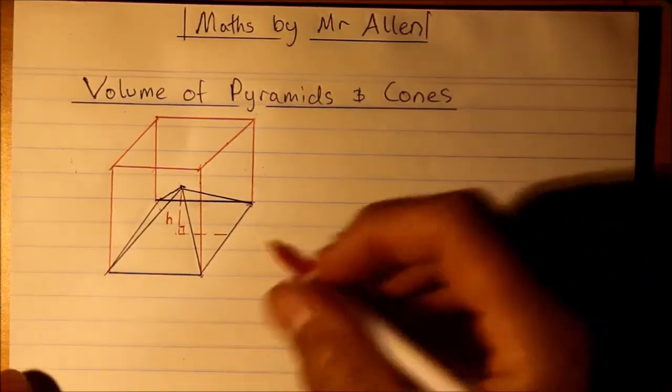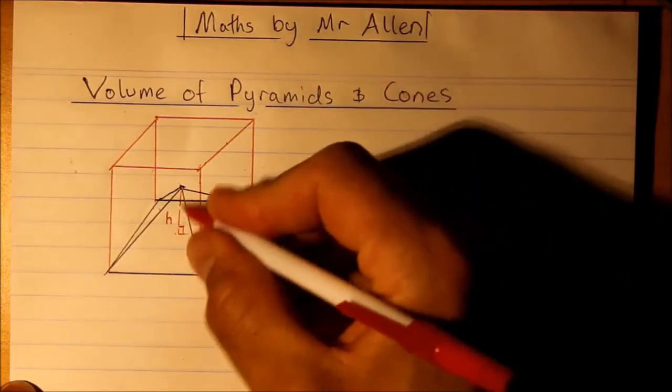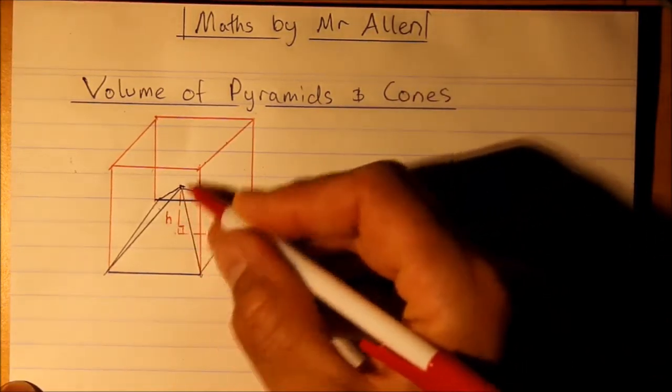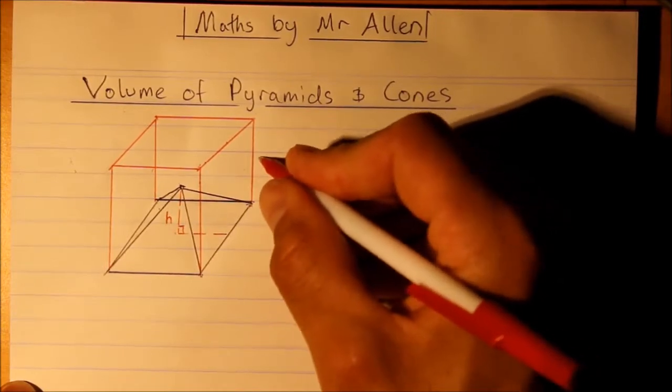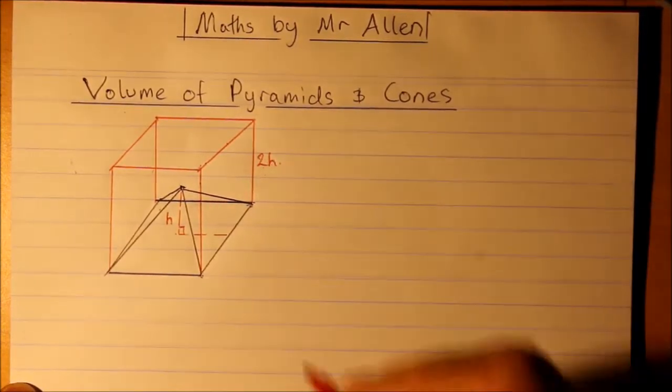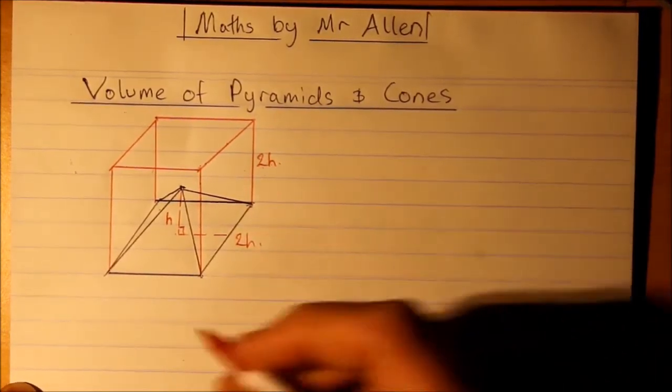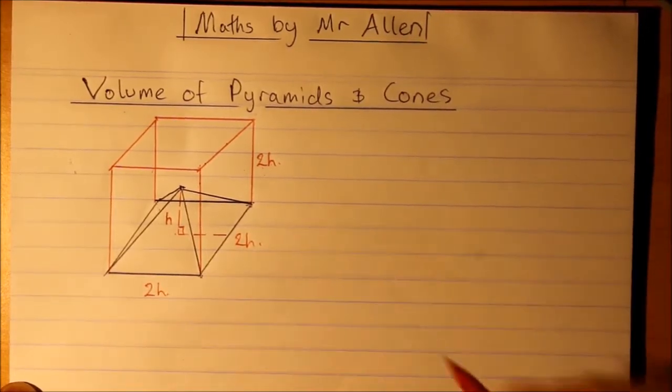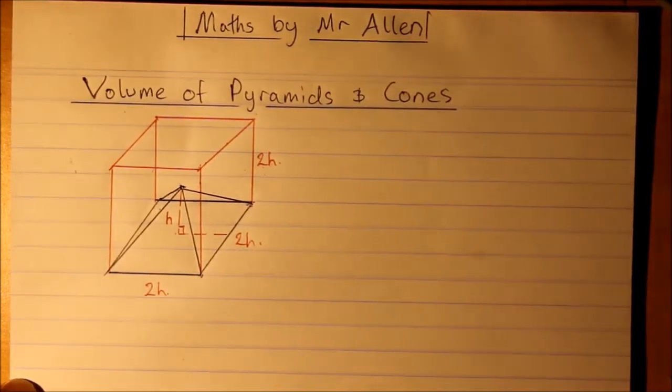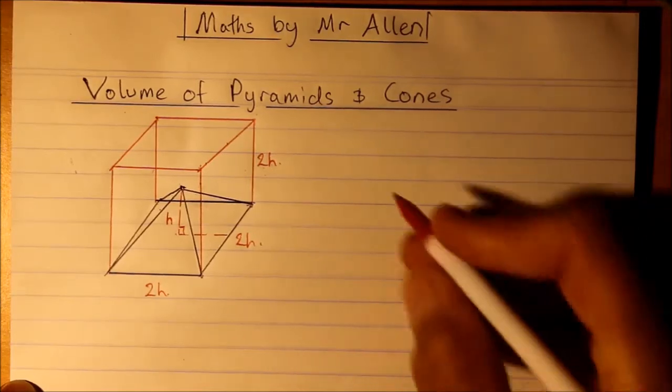Well, first of all, let's say that here we have the height, the perpendicular height of this pyramid. Let's say that this cube is twice that height, and therefore 2h is the dimensions there. What would be the volume of this cube?